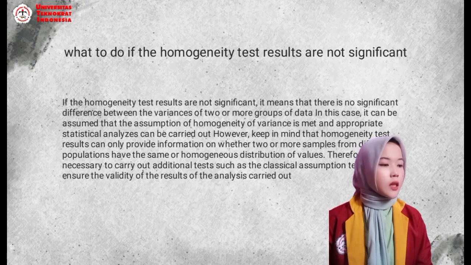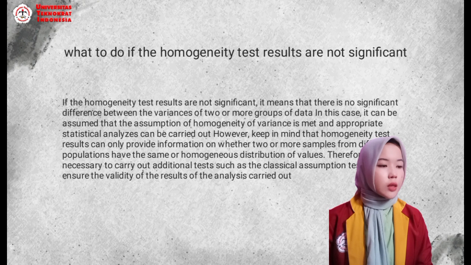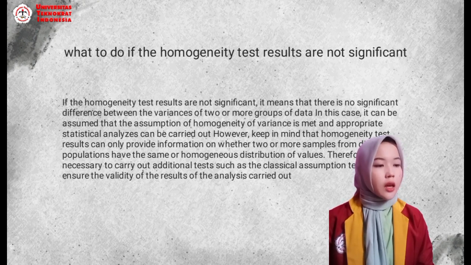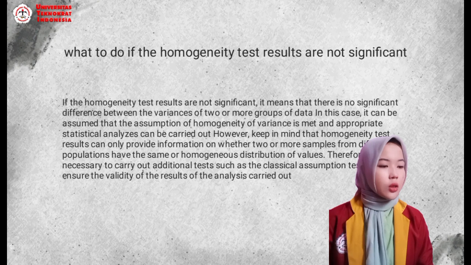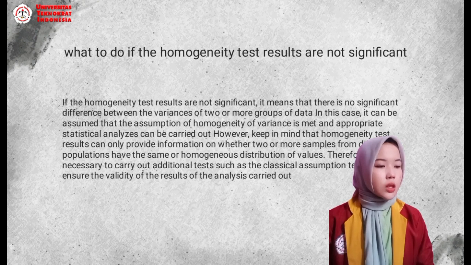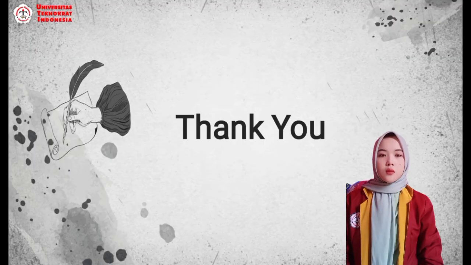However, keep in mind that the homogeneity test result can only provide information on whether two or more samples from different populations have the same or homogeneous distribution of values. Therefore, it is necessary to carry out additional tests such as the classical assumption test to ensure the validity of the results of the analysis carried out.